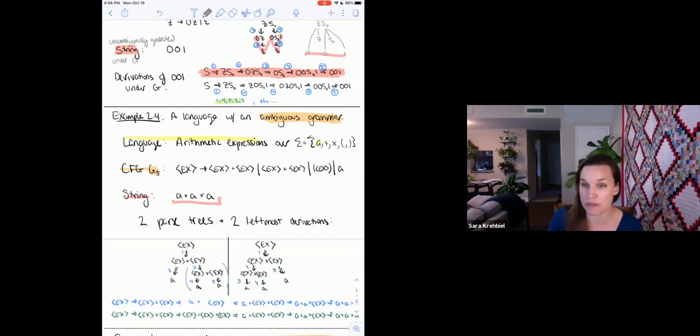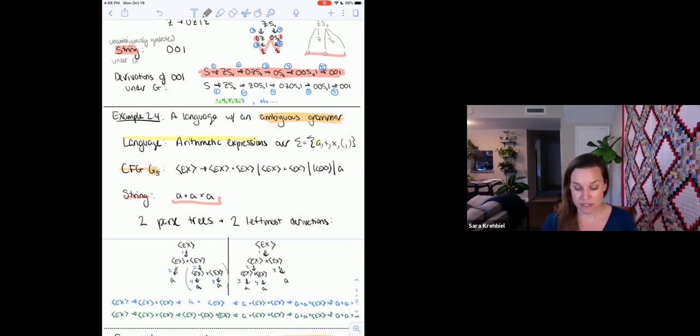They're not actual parentheses that are going to show up in the string, but what we're saying is that that right expression is A times A, and so somehow those two A's, the latter two A's, are closer to each other in terms of least common ancestor than they are to the leftmost A.